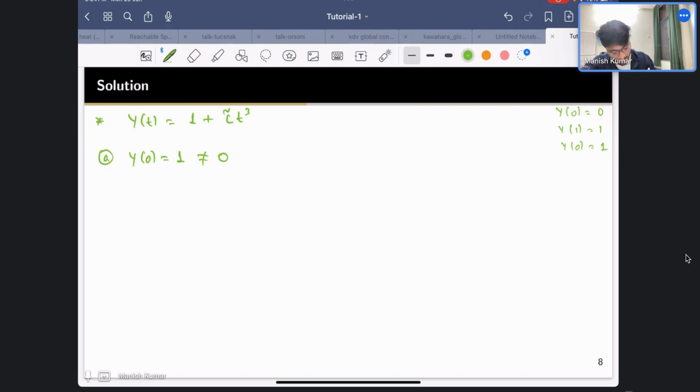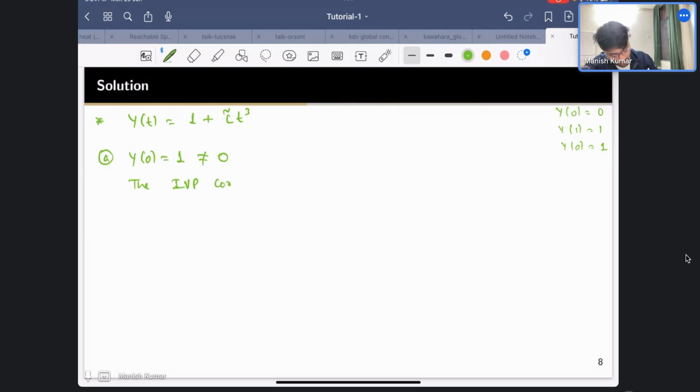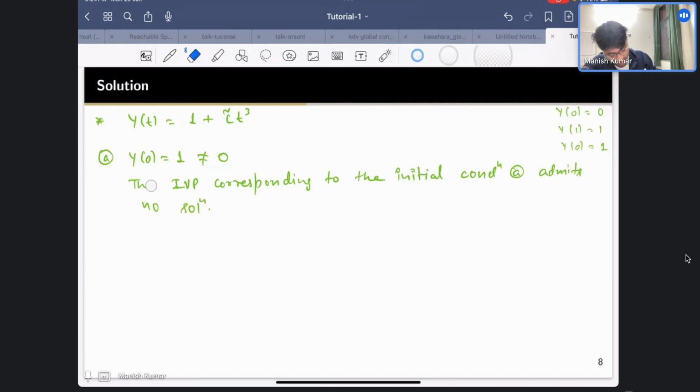So the initial value problem corresponding to the initial condition 1a admits no solution. If you take the first initial condition into consideration, then it will give no solution.